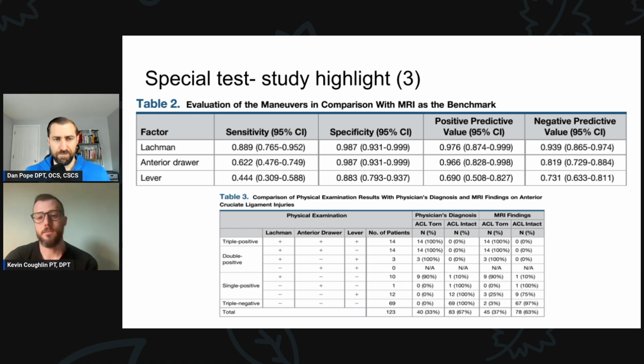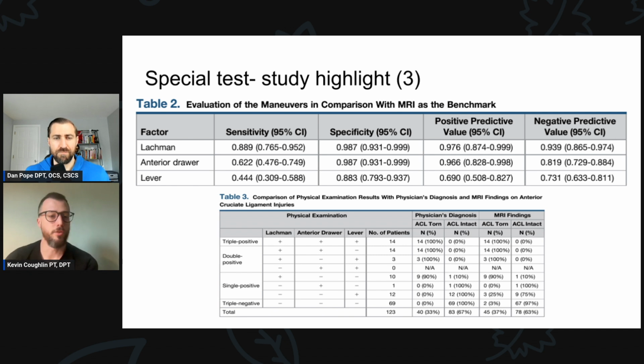So then the kind of least impressive test of the 3 here was the lever test. So the sensitivity for this test was 44%, and the specificity was 88%. That left a positive predictive value of about 69% and a negative predictive value of about 73%.